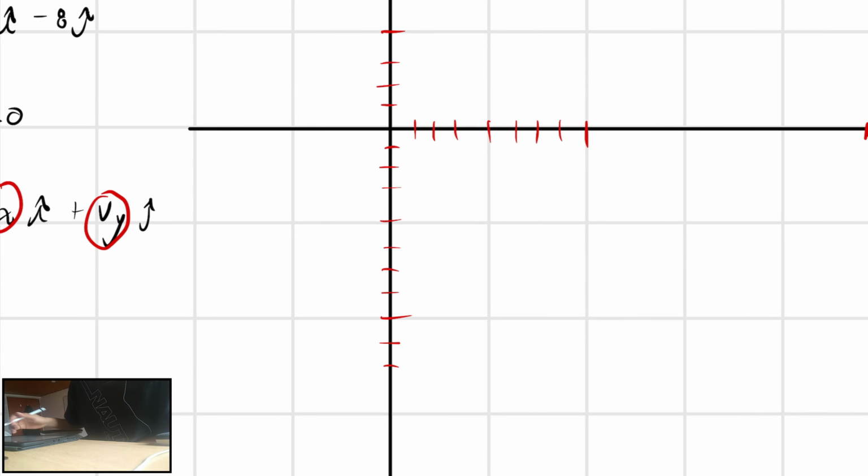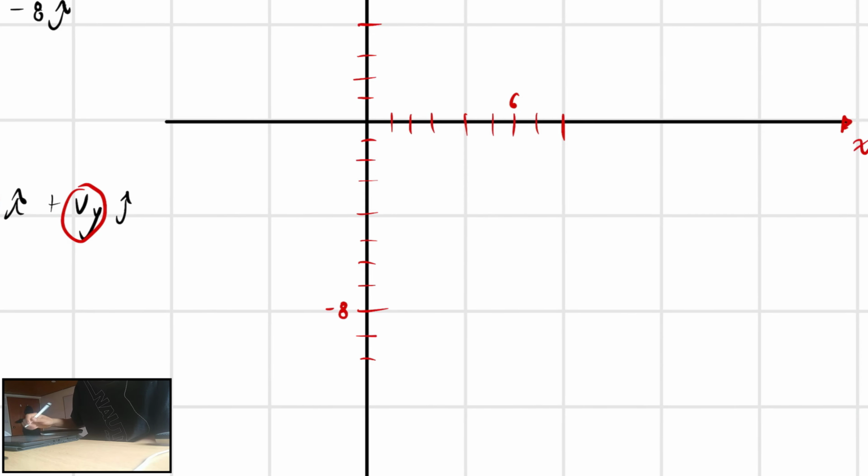So right here I have 1, 2, 3, 4, 5, 6. Right here I have 1, 2, 3, 4, 5, 6, 7, 8. Minus 8.